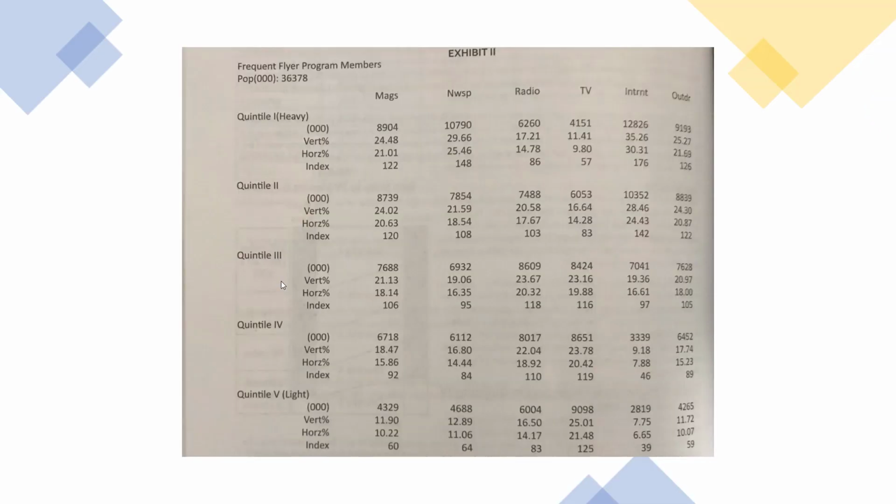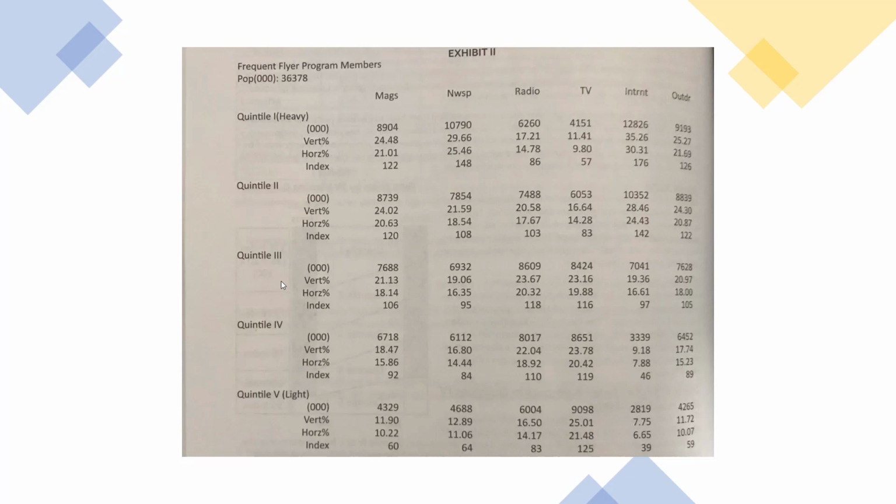So let's look at the next exhibit, frequent flyer program members. Now this chart should be very familiar to you because we have seen something similar before. Remember that I talked about vertical versus horizontal.